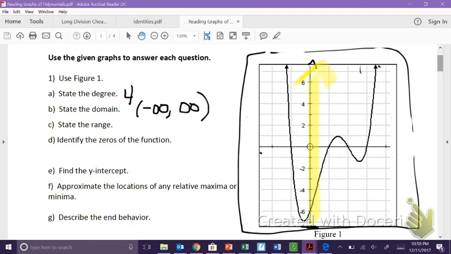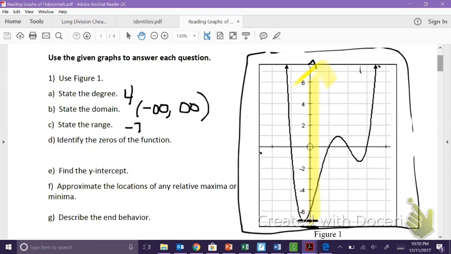And what I do is I literally find the lowest point on that graph, and I draw it to my y-axis. That point, I'm going to estimate it. I don't know if it's completely on there or not, but I'm going to say that that y value is going to be -7.